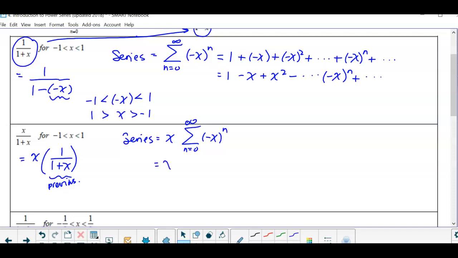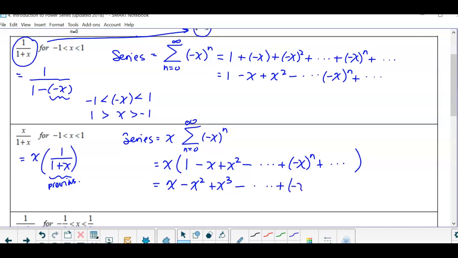We already figured that out, so that's 1 minus x plus x squared minus, plus (-x) to the n. Okay, and then just multiply through, so that'll be x minus x squared plus x cubed. Again, a minus, and this will be (-x) to the n plus 1. No brackets anymore.